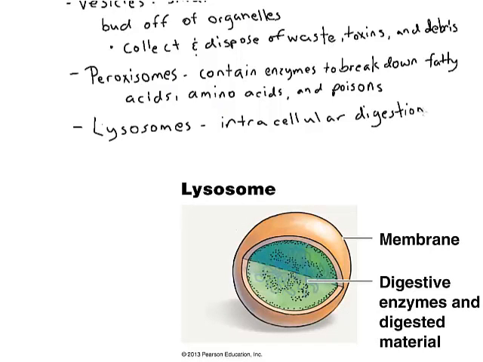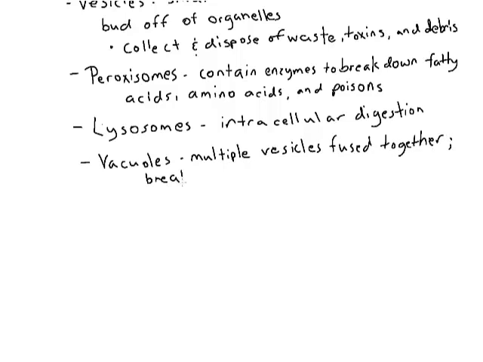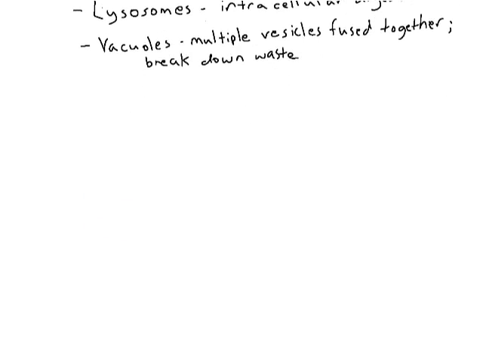Vesicles and white blood cells will ingest bacteria and other cell parts and deliver them to lysosomes to be broken down. Vacuoles form where multiple vesicles fuse together. Now, like lysosomes, they can break down various products and waste as well as other functions.